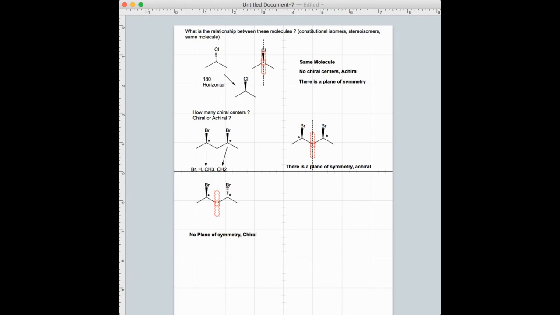And then lastly, I wanted to ask you the relationship in between, I'm going to call this molecule A, molecule B, and I'm going to draw another molecule here, which I'm going to call molecule C. And I want to show what is the relationship in between molecules A, B, and C.